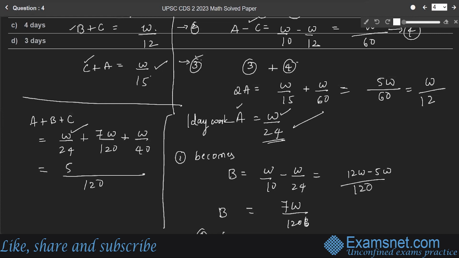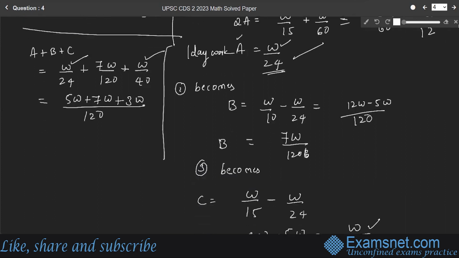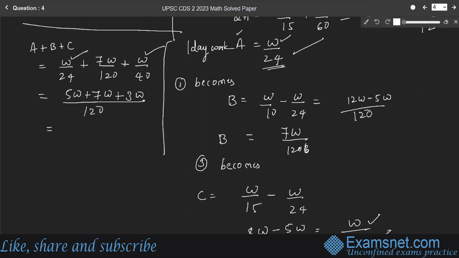Hence, the numerator becomes 5W. The second numerator will be as it is since the denominator is 120. The third numerator becomes 3W since 40 into 3 is 120. Therefore, A plus B plus C is 7 plus 5, 12 plus 3, 15W by 120, or W by 8. That means total work by time taken by them: to complete this total work, they take 8 days of time.